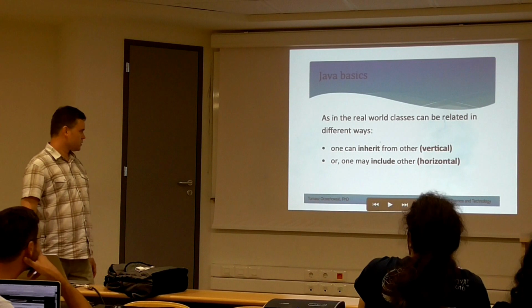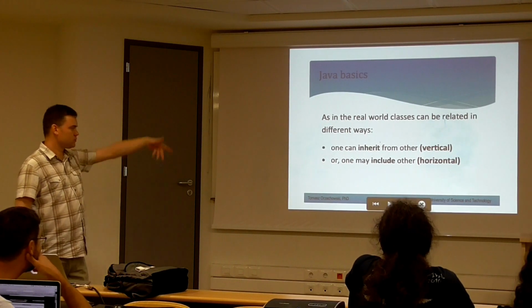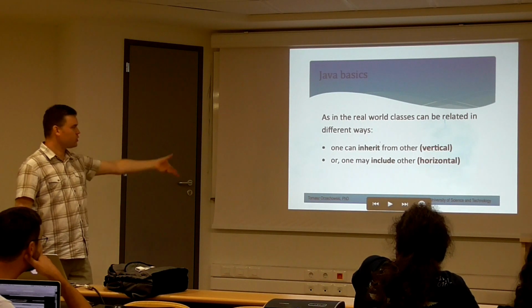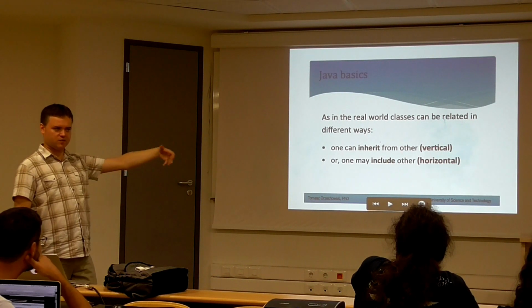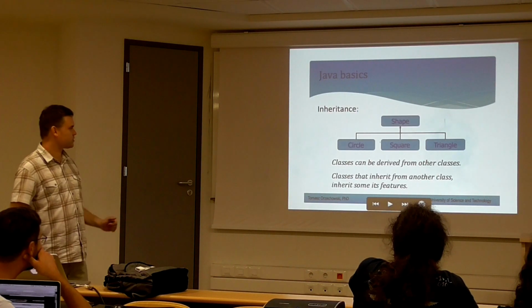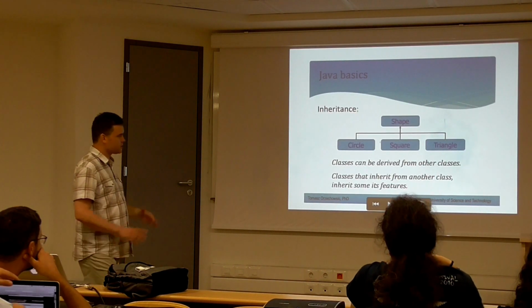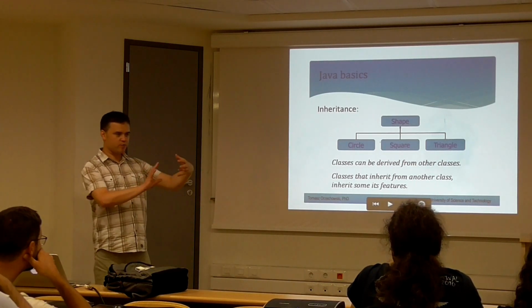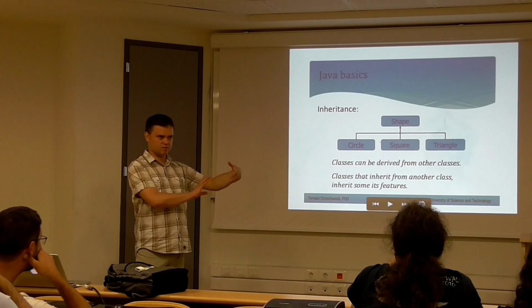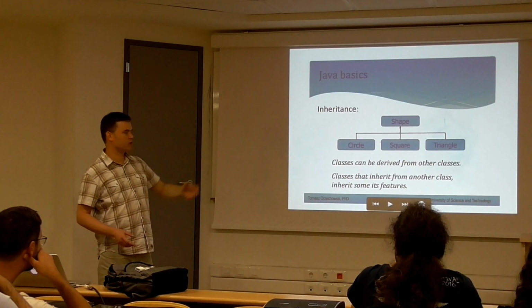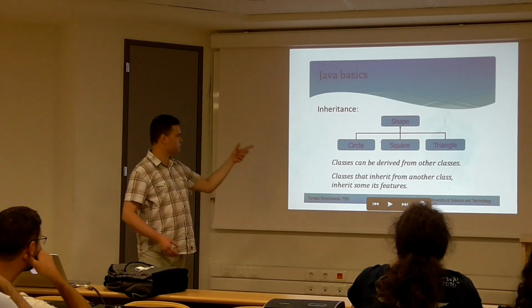Classes can inherit vertically from one another, or include object instances of other classes, like here. We know that we can put some special features or methods for shapes into a class called Shape, and Circle, Square, and Triangle can inherit from Shape.